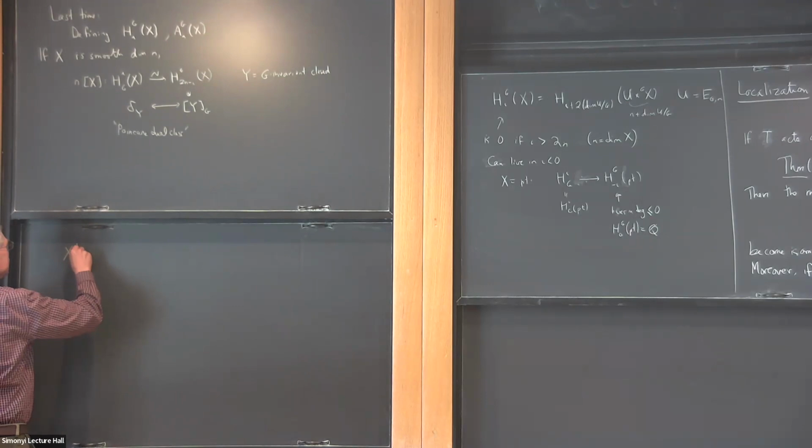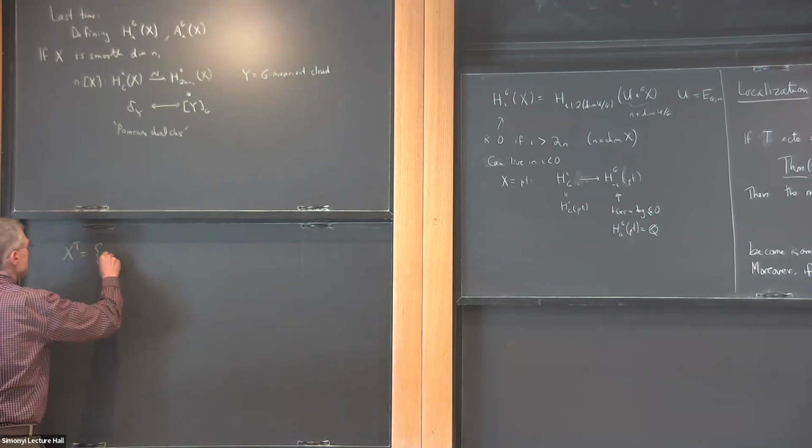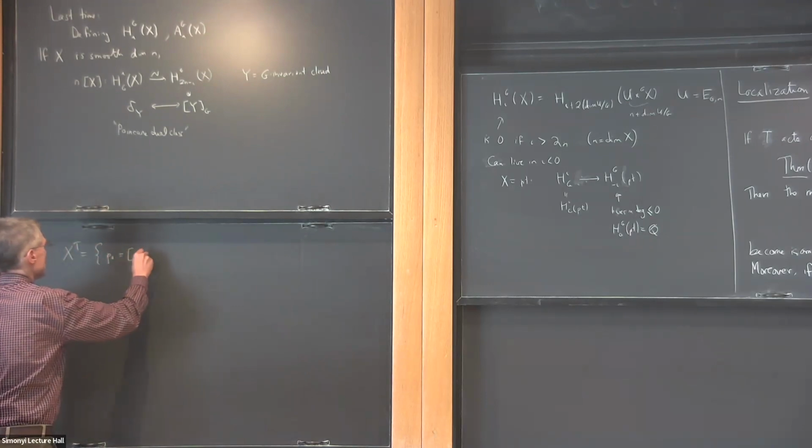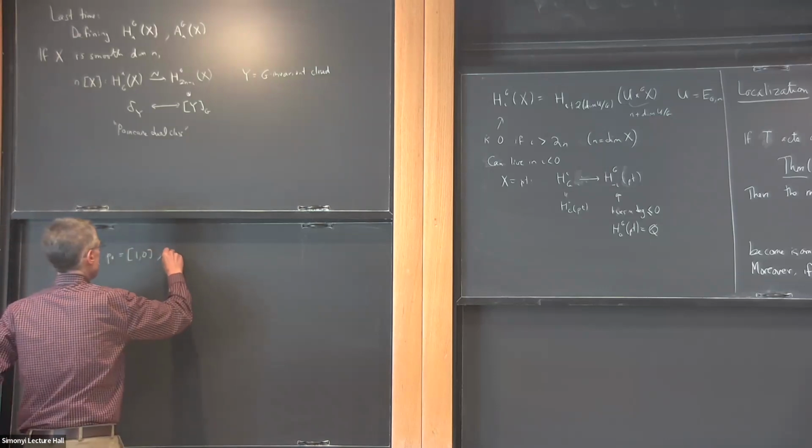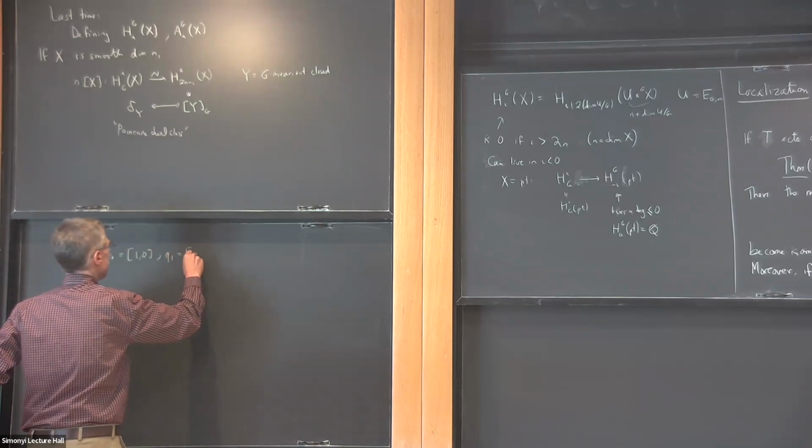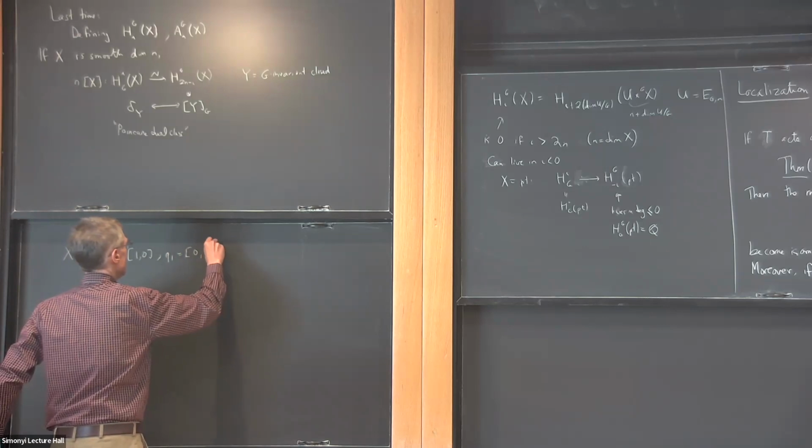So here X^T just consists of 2 points. It's the coordinate points p0, which is 1, 0, and p1, which is 0, 1.